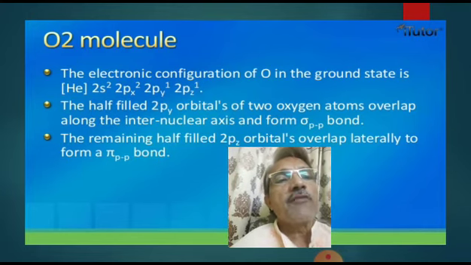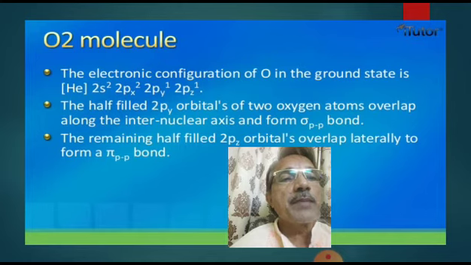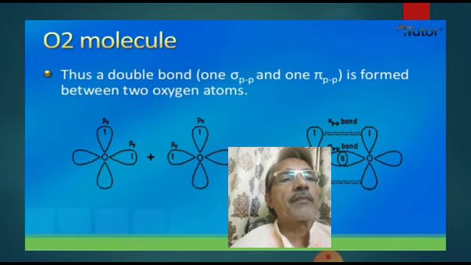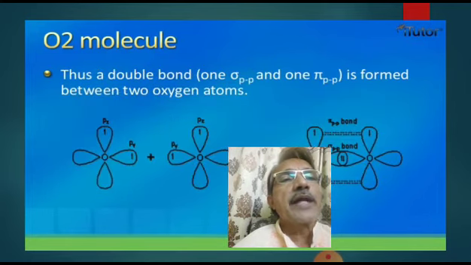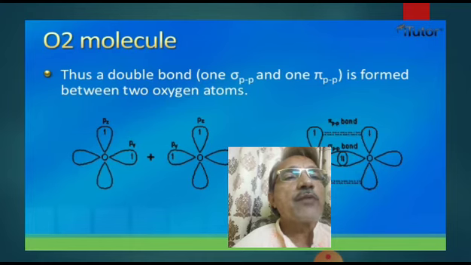The remaining half-filled 2pz orbitals overlap laterally to form a weak pi pp bond. Thus, a double bond, one sigma pp and one pi pp, is formed between two oxygen atoms.